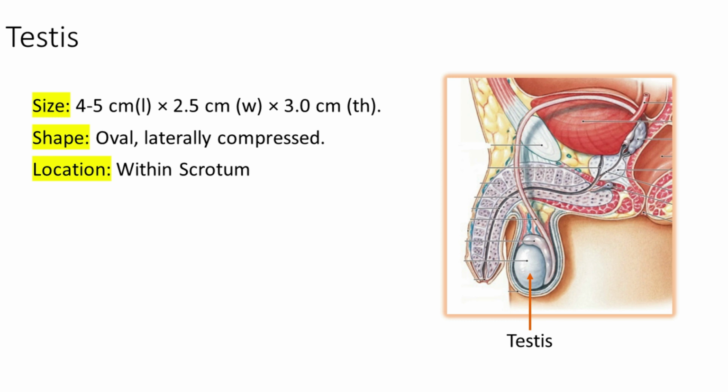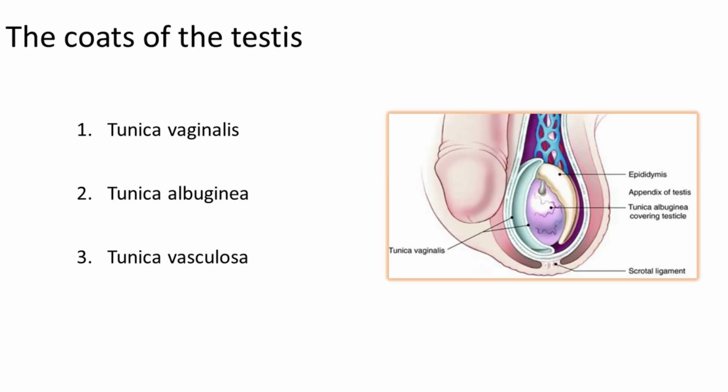Talking about location, already we have discussed that the testes lie in the scrotum outside the pelvic cavity because high intra-abdominal temperature is not suitable for production of normal motile sperms. Now we will talk about the coats of the testes.